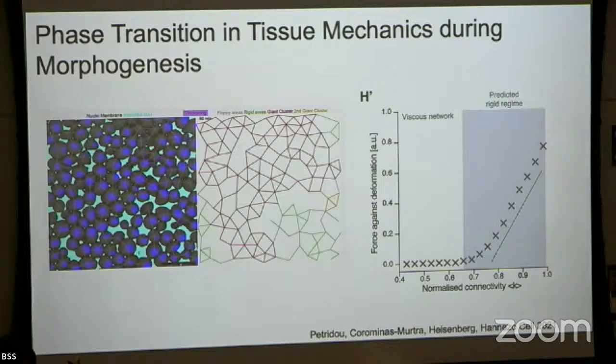So they were trying to quantify it. These are all the different cells, and they derive a connected network from the cell connections. They call it a network of springs, and they use a triangular lattice description to show it.